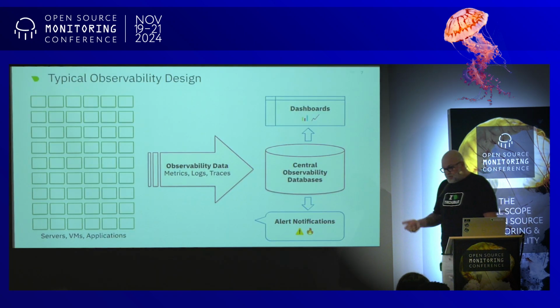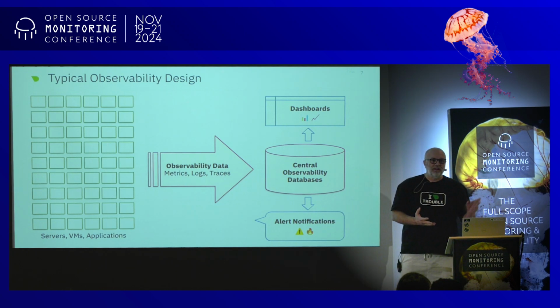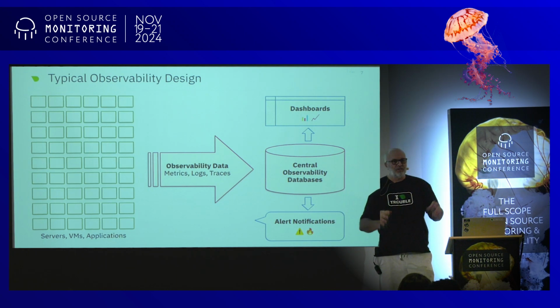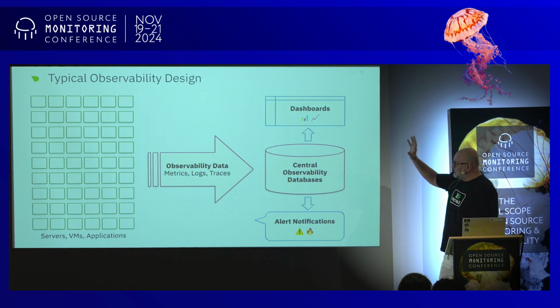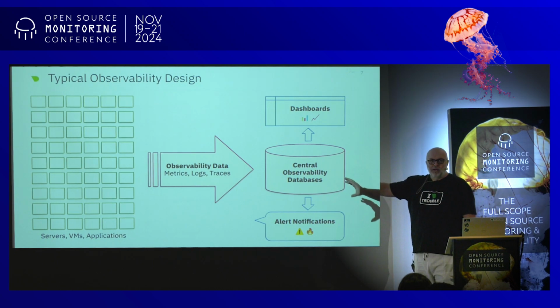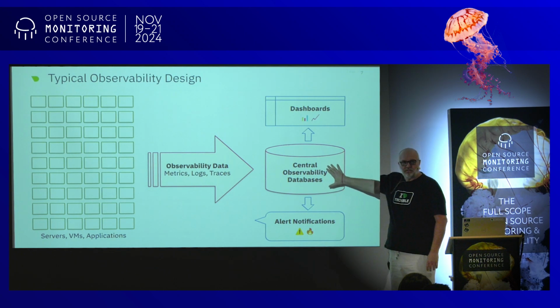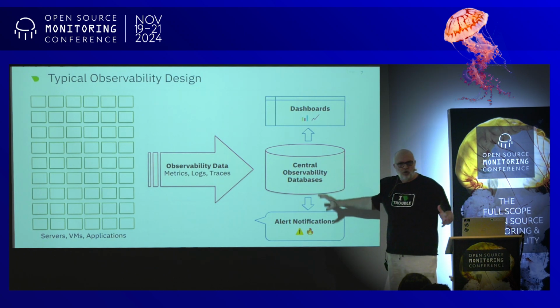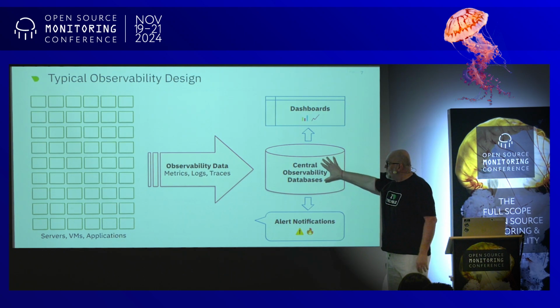This is a typical observability pipeline. This works for everything. Whether you use Prometheus or Grafana, Datadog, Dynatrace, anything you use, that's the pipeline you have. You have some servers, and you push all the data to some central databases. Metrics databases, logs databases, tracing databases, all the data comes here.